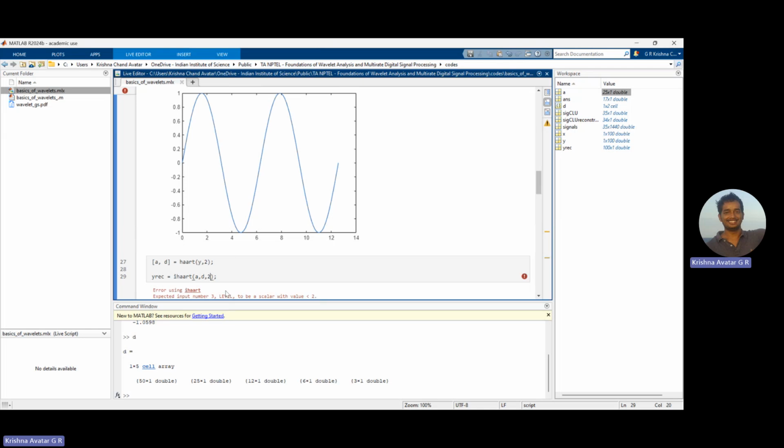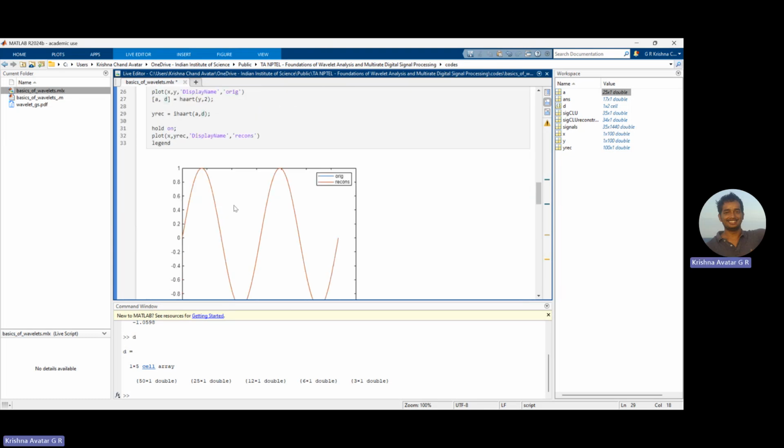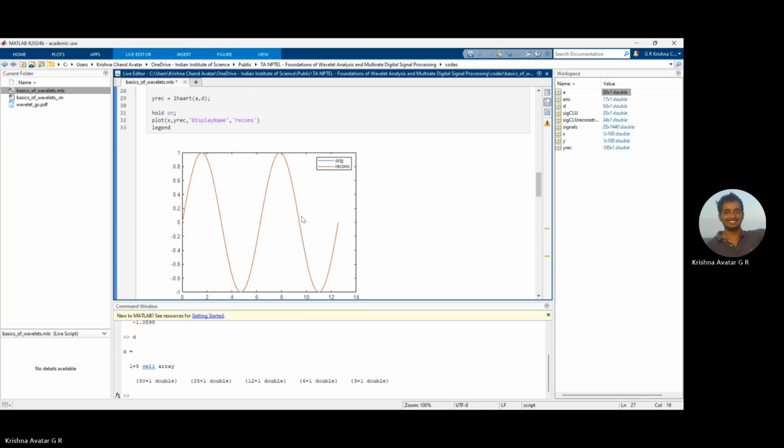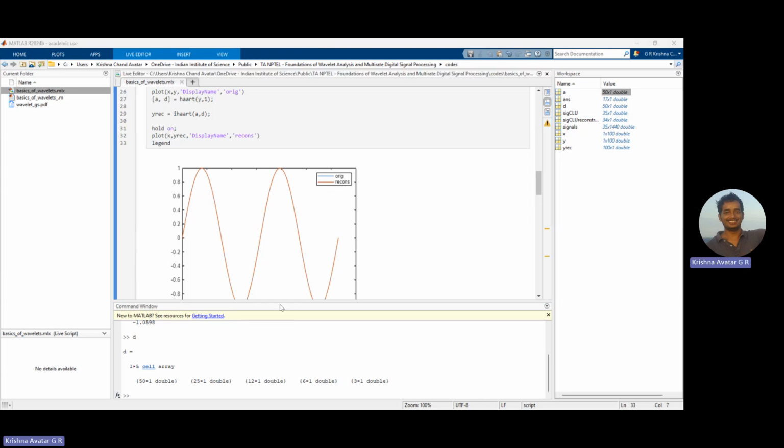I should not give any arguments here. Oh, it's still able to give us some nice representation. So what if I do level 1? Let's see what could be the answer for this. Why is it doing it so perfectly?